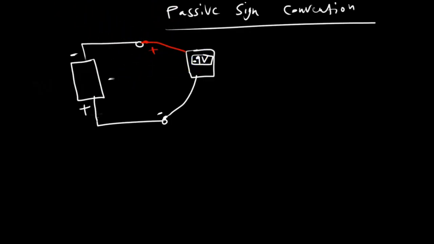So an equivalent way of showing what I just drew: if I flip this battery, I can also say negative 9 volts over here, assuming I didn't change my probe. Initially this was positive, this was negative, and this was a 9 volt supply. Then I flipped this, and as long as I put a negative sign here, it would be an equivalent statement. So that's another thing to remember.